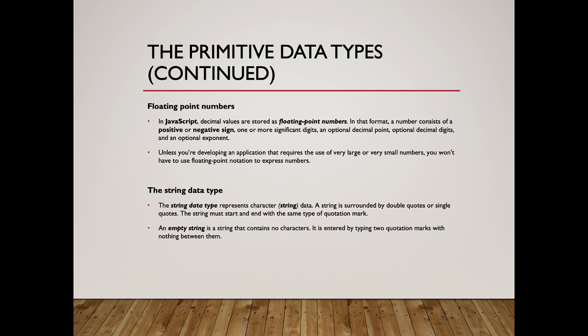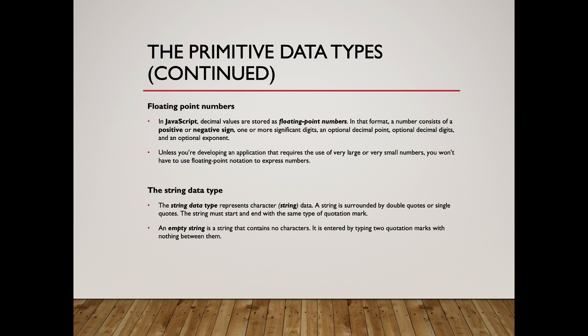Floating point numbers. In JavaScript, decimal values are stored as floating point numbers. In that format, a number consists of a positive or negative sign, one or more significant digits, an optional decimal point, optional decimal digits, and an optional exponent. So this is more when you're working with large numbers, like constants of, say, the speed of light. Usually you don't write out the full thing.